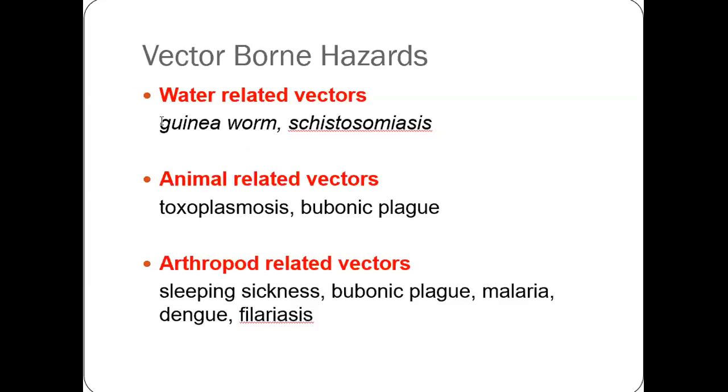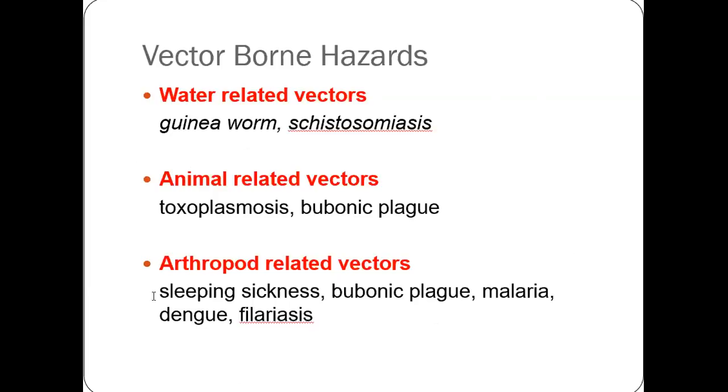And sometimes the vector-borne hazard can gain entry into our body and cause different types of illnesses, primarily because of our negligence to observe proper hygiene and sanitation practices. Take note of this.